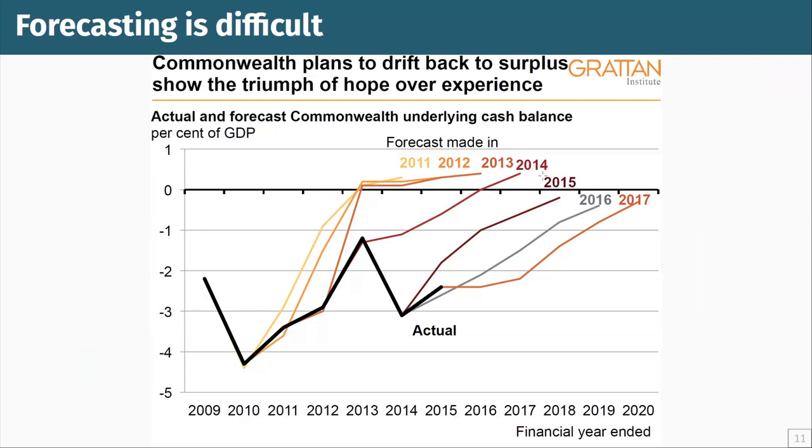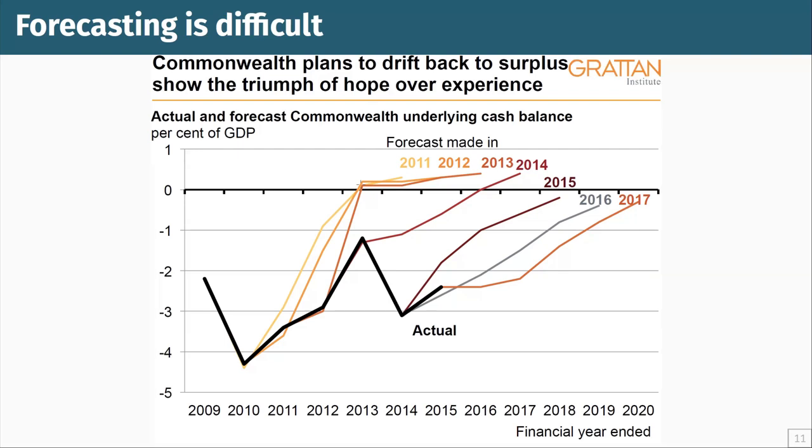This is from the Commonwealth government, and it's showing what they claim to be forecasts of the cash balance every year from 2011 to 2017. The actual is in black and their forecasts are these coloured lines at the top. And clearly they're overestimating the cash balance every single year.